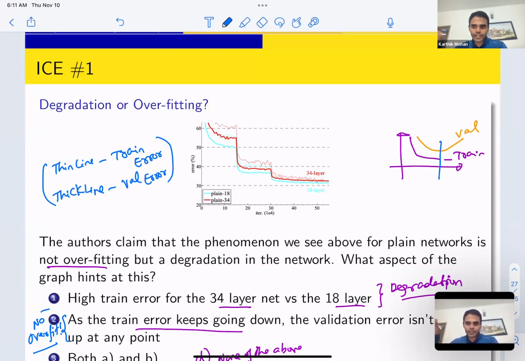If it's red, you would see a gap there, but we don't see that happening as you train more and more. But degradation is happening, because the thick red line for the 34 layer model is always higher than the thick blue line. If you have a more complex network, it should at least do as well as the 18 layer. It shouldn't be worse, but it is worse in both training and validation.